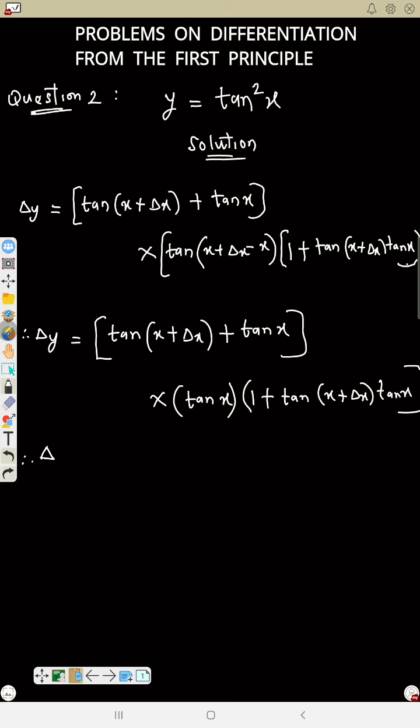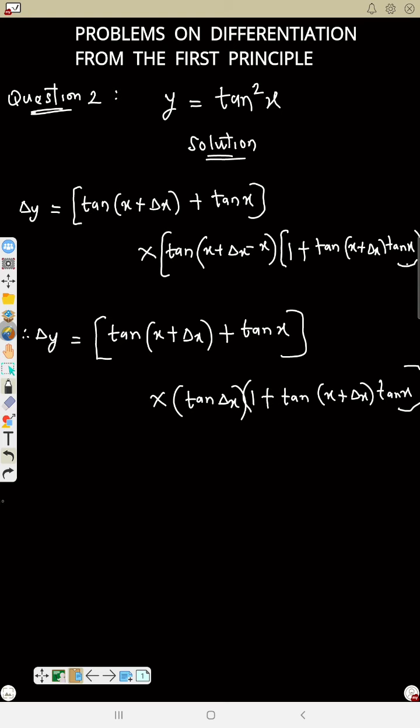Sorry, there is a typo here. When we said x minus x is 0, it should remain dx, not x. So let me change it. So it's remaining dx here, tan dx instead. Then 1 plus, so I have this.